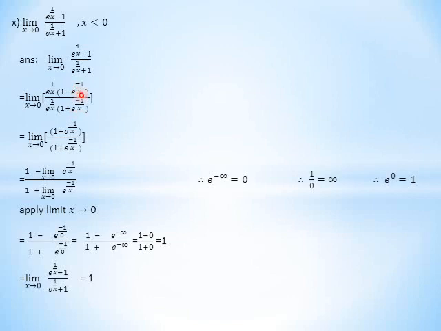But what I did, I just changed the sign of the power. So e^(1/x) was there, 1 upon e^(1/x) was there, so I made this e raised to the power minus 1 upon x. Okay, that is fine. Now it can be cancelled. Only what is remaining? 1 minus e raised to the power minus 1 upon x, over 1 plus e raised to the power minus 1 upon x.